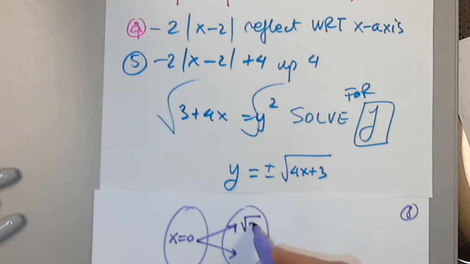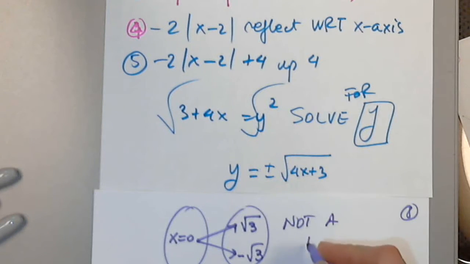So I get the square root of 3 and negative the square root of 3. So you get 2 and it's not a function. Exactly. So obviously not a function. Why? Well, the definition of a function is, for any x value, only one corresponding y value. Therefore, this is not a function.